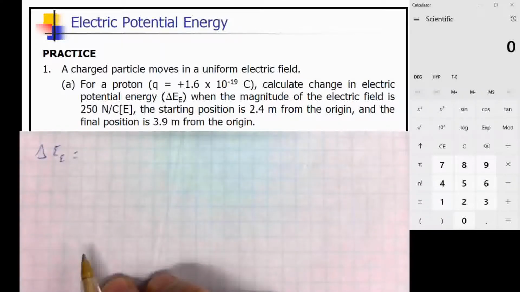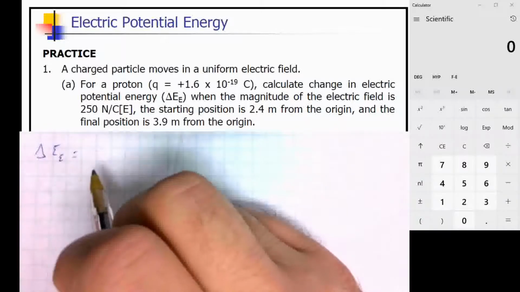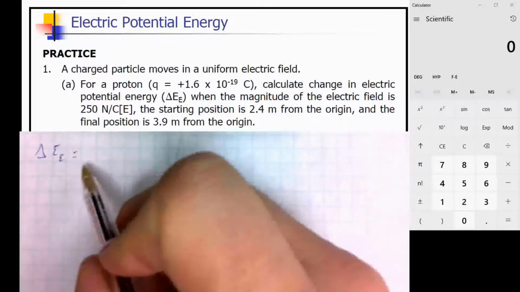And that equation, because we're dealing with a uniform electric field, on your formula sheet there's an equation that says for parallel plates. It is for parallel plates, but it could also say for uniform electric fields because the electric field between parallel plates is uniform.